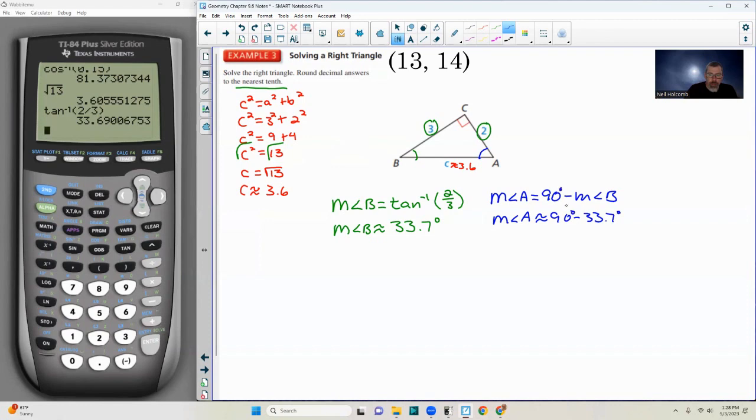And so the measure of angle A is approximately 56.3 degrees. Okay. So there's C, measure of angle B, measure of angle A. We knew angle C. We just solved this right triangle. All right. Now try that on exercises 13 and 14.